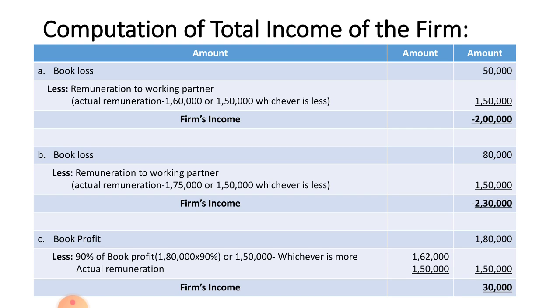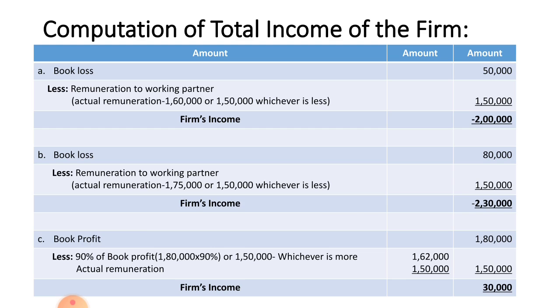Remember one thing, only remuneration to working partners should be considered to calculate the book profit, and not any other partner. When you deduct this, you get a negative figure of 2 lakhs, that is the firm's income, which is actually a loss to the firm, because there is already a loss and on that they have to pay remuneration to working partners. So in the first situation there is a loss of 2 lakhs.